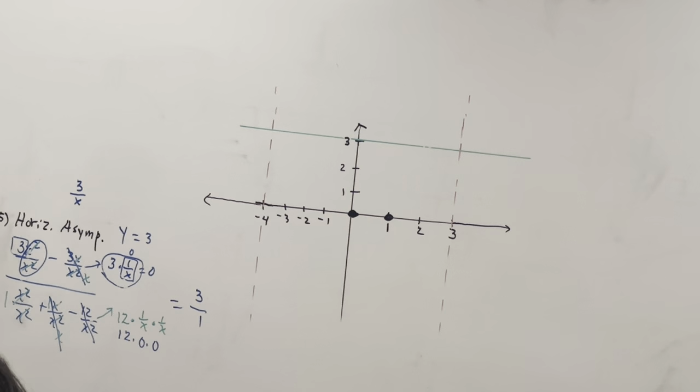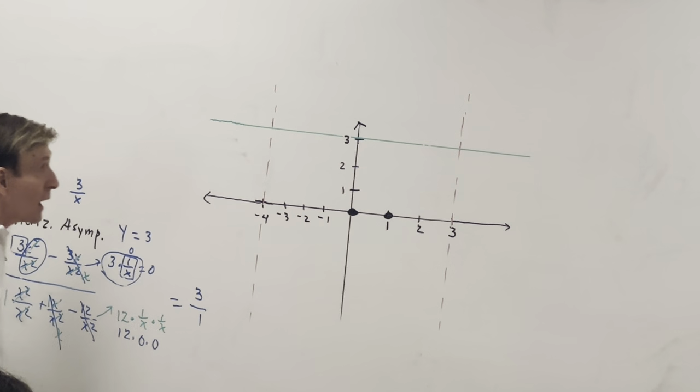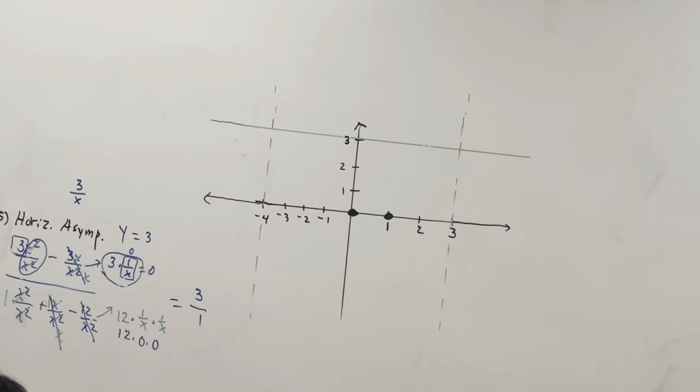Let me extend my green here. Should I test a point to the left of -4 and see where my graph is? Or does someone have an idea of where that piece might be located right now? Any ideas? Or I'll plot a point.